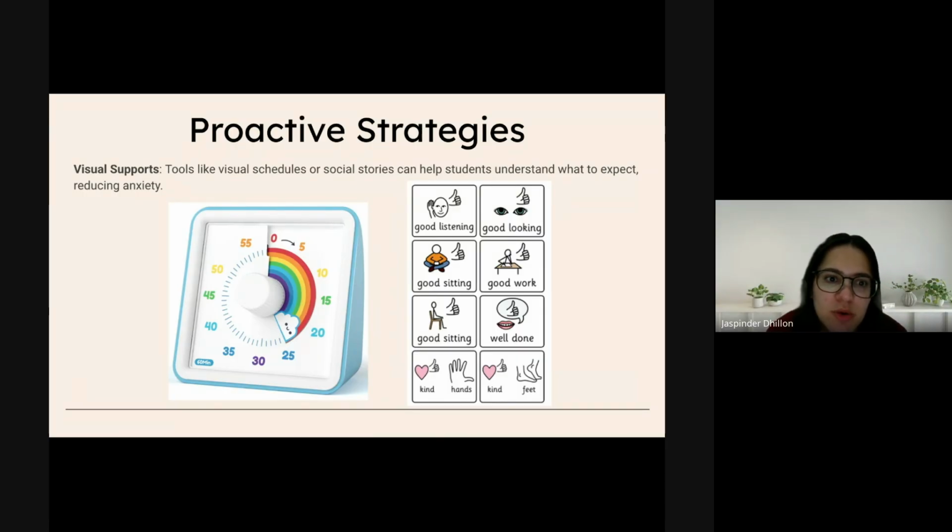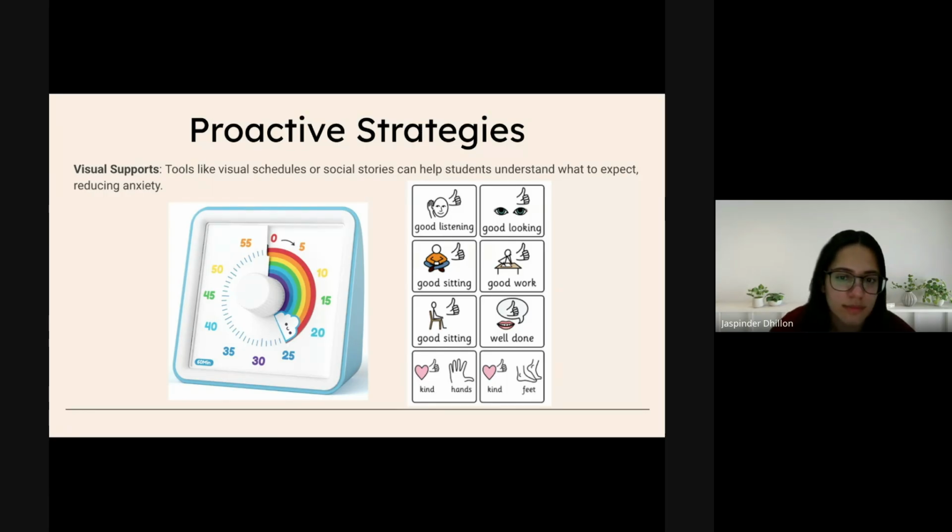But the reason that it's so helpful is because it really helps the student know what to expect, as they can see the timer reducing. I've also put here some of these visuals that can be added to your lanyard in school to keep reminding and prompting the students of good behavior, such as good listening, good looking, good sitting. And so these can be really helpful prompts that can be used throughout the day for the student as well.